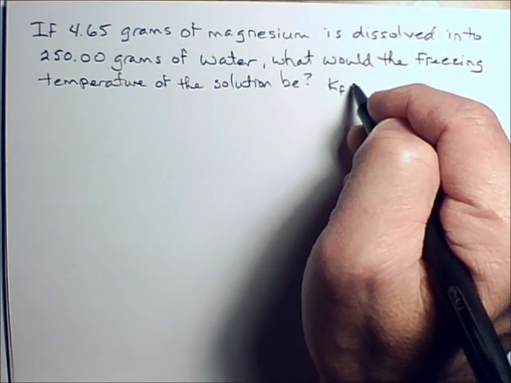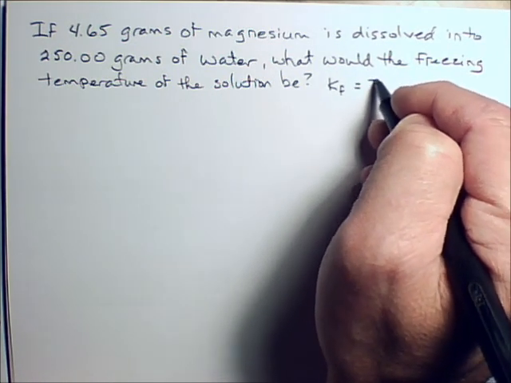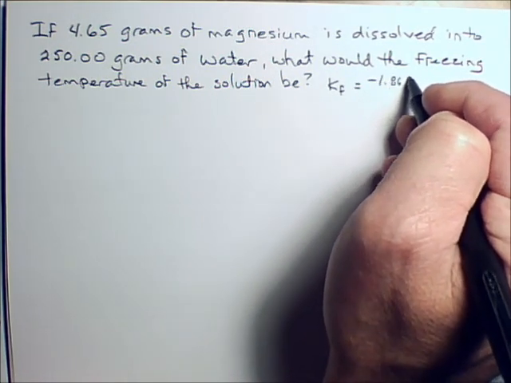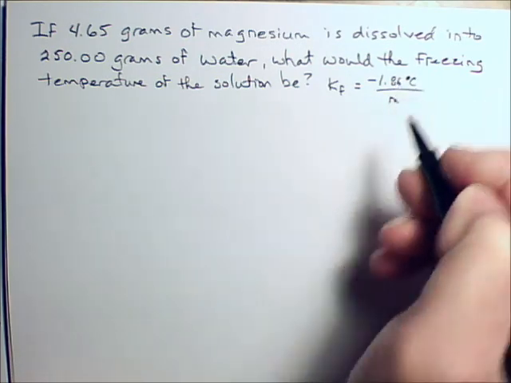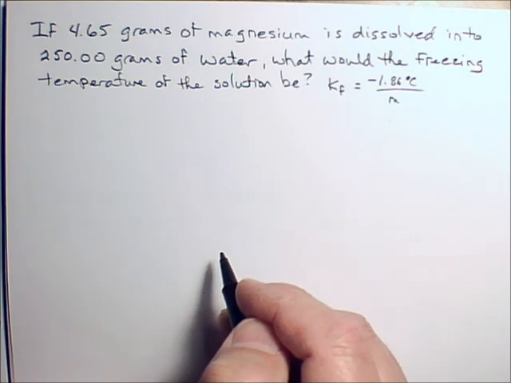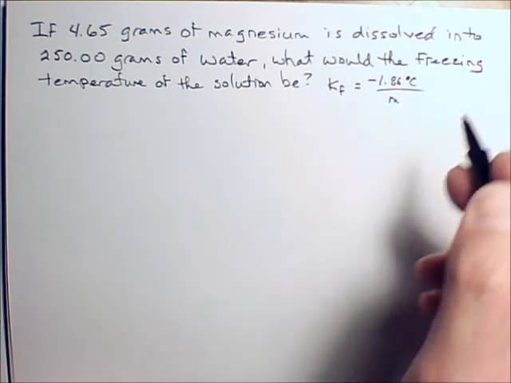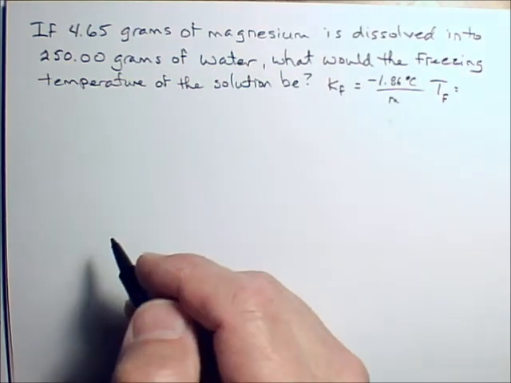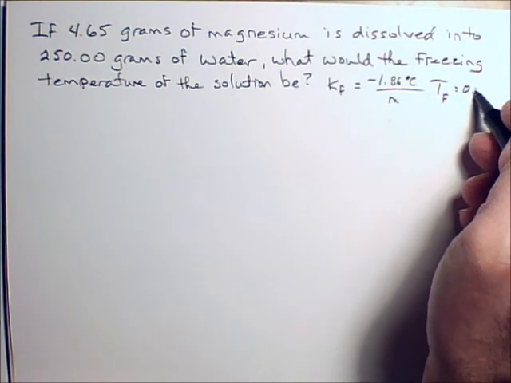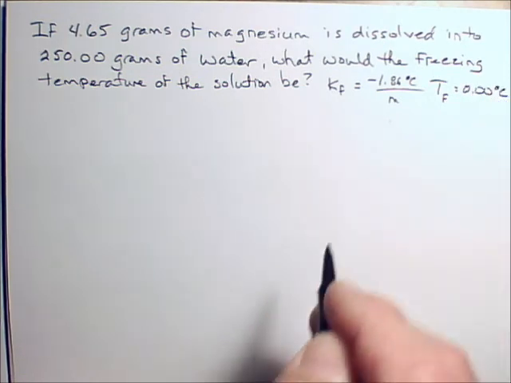For water, the freezing point constant is negative 1.86 degrees C over molal. Okay? And in last night's problem, I also gave you the freezing temperature for water, which you should already know, really. What was that? 0.00 degrees C. Okay?